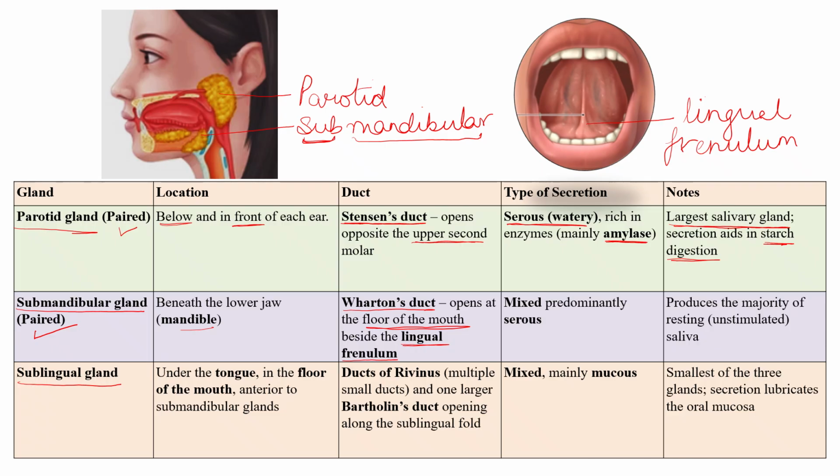And the secretion is mixed and predominantly serous and produces the majority of resting saliva. Resting saliva means the saliva which is produced in the resting condition, that is even in the absence of stimulus. Then comes the sublingual gland.